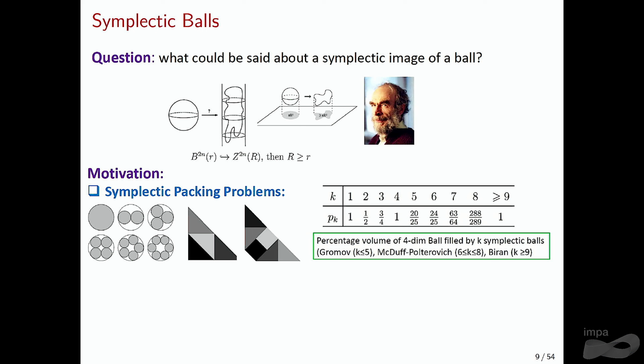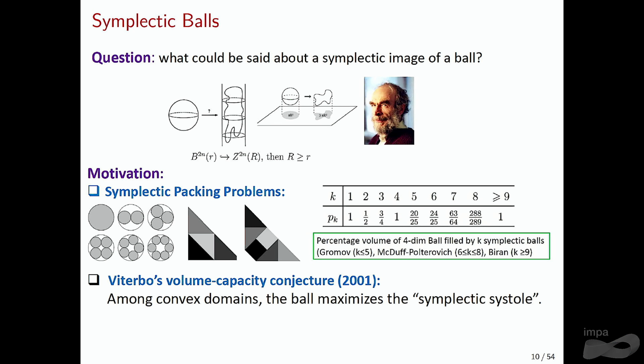Here you can see the symplectic packing of the ball with 4 and 6 balls. I will explain this picture later in my talk. OK, so this is motivation number 1.